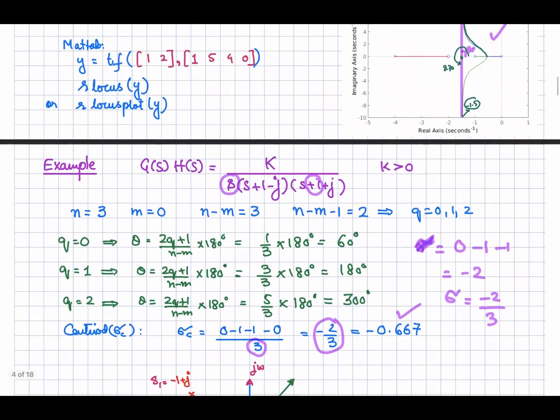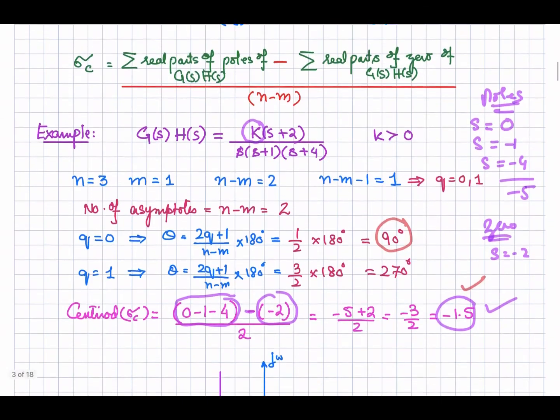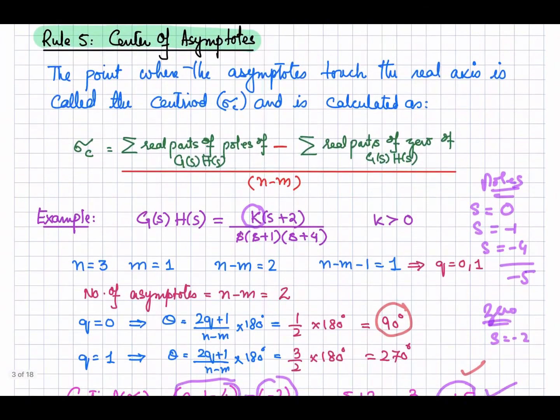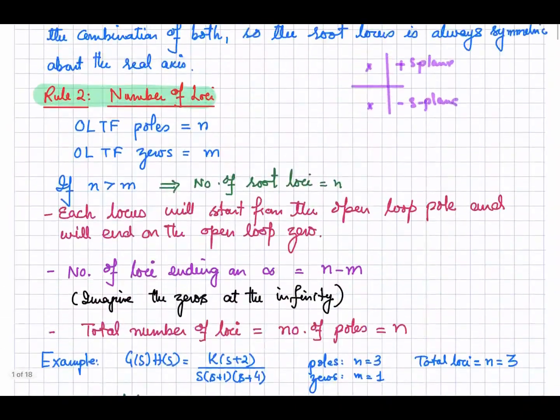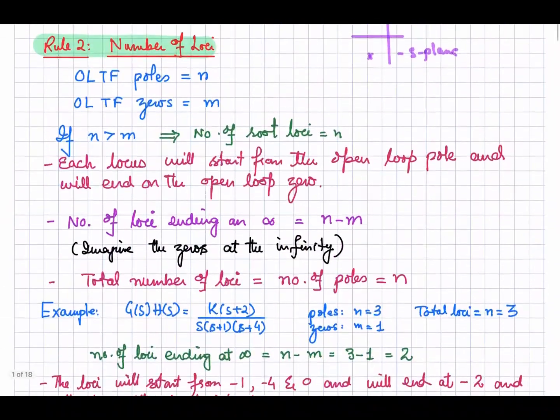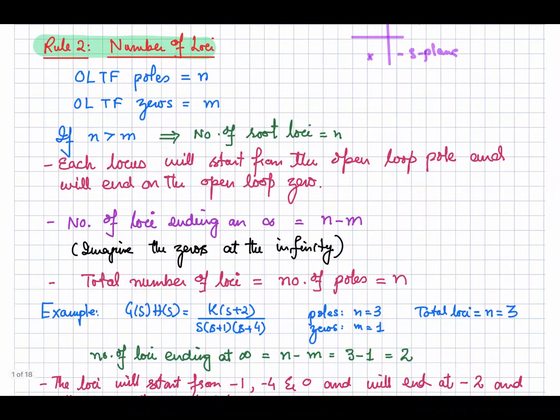In this video we have discussed the 5 rules for sketching the root locus. The first rule is that your root locus is symmetric about the real axis. In the second rule there were the calculations for the number of poles, zeros and loci.